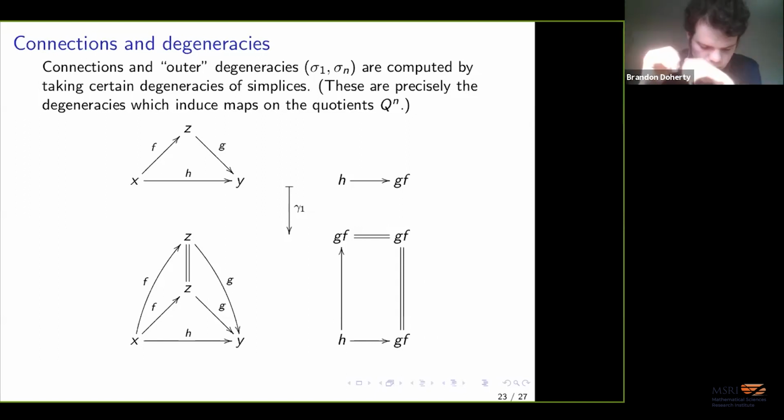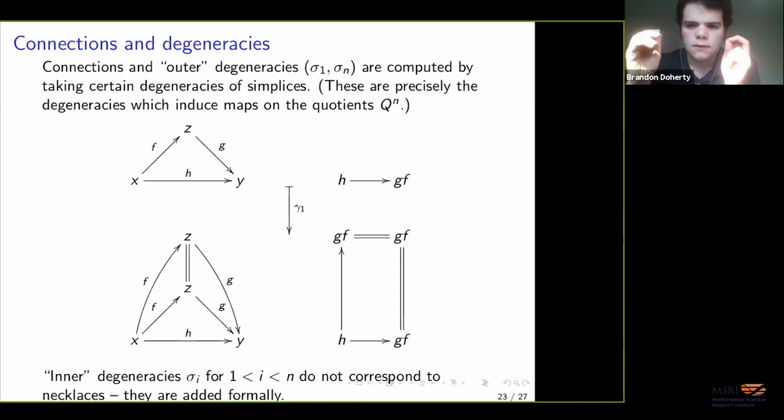And likewise, we have to take a degeneracy, one of these particular degeneracies, or a connection of a composite necklace, something with multiple beads. We would just use the identities for degeneracies of composites.